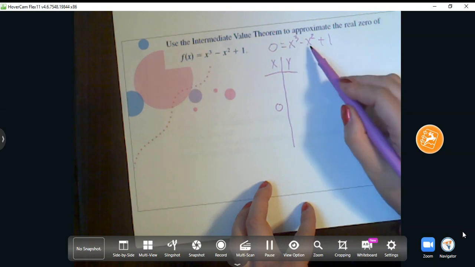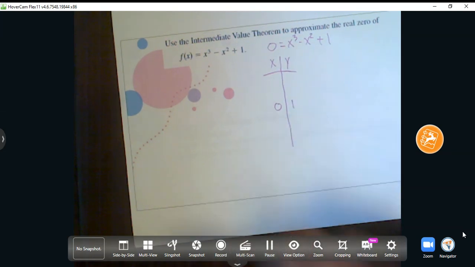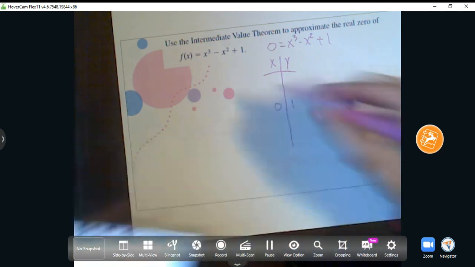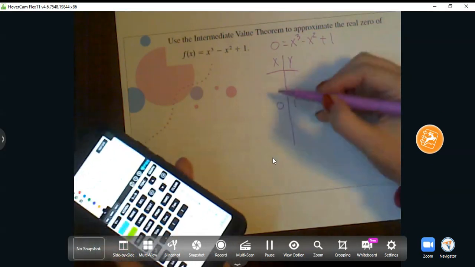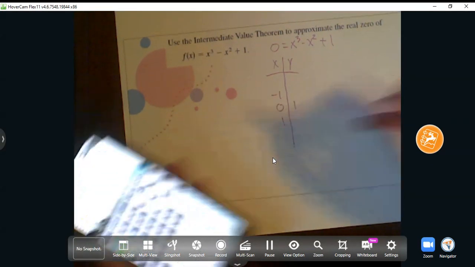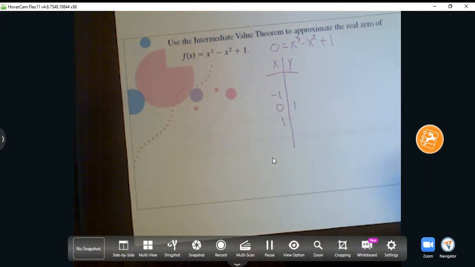If I plugged in 0, I would get 1. And if I wanted to then plug in, let's say, -1 and a +1, I'm just using my graphing calculator, because we don't need to spend the time doing that by hand.